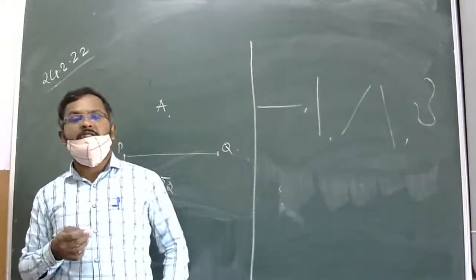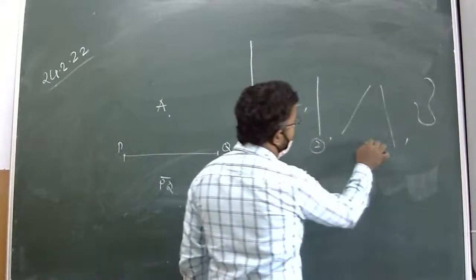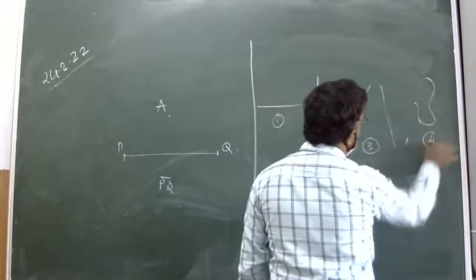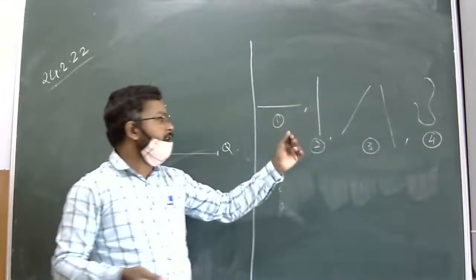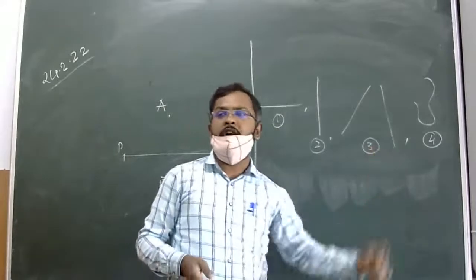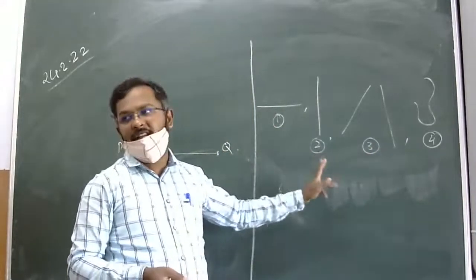Vertical line. Which one is vertical? 1, slanting, 2, line, 3, 4. Slanting line. Okay. Vertical line. Which one is the vertical line? This one or this one? This one. Number 1 or number 2? Number 3? Number 2. Number 2 is a vertical line.